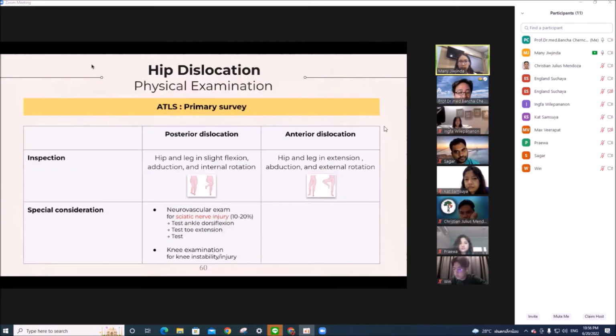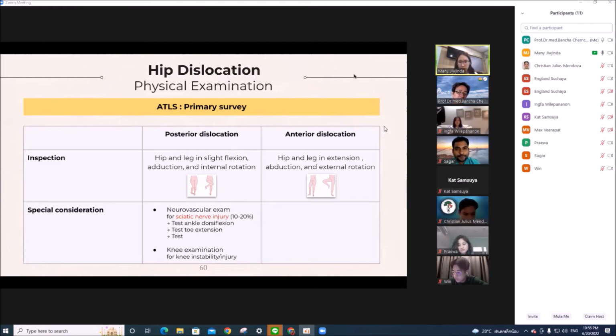For the physical exam, because this is a trauma-related incident, the first thing you do is ATLS. Then, to reiterate the findings: in a posterior dislocation, the hip and leg are in slight flexion, adduction and internal rotation. In an anterior dislocation, the hip and leg are in extension, abduction and external rotation.